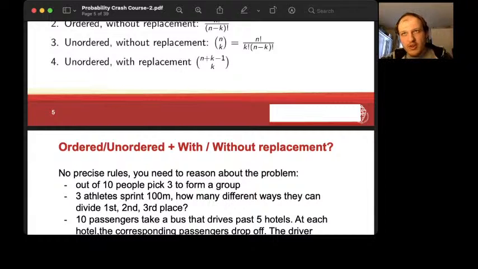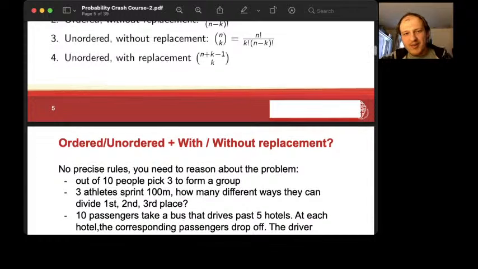So it would be 14 times 13 times 12 times 11 divided by, is it 4 factorial? 5 factorial, yeah.